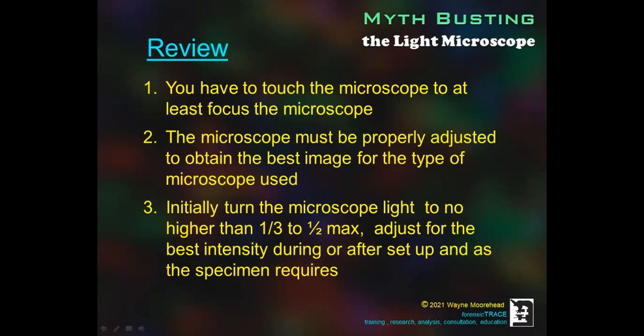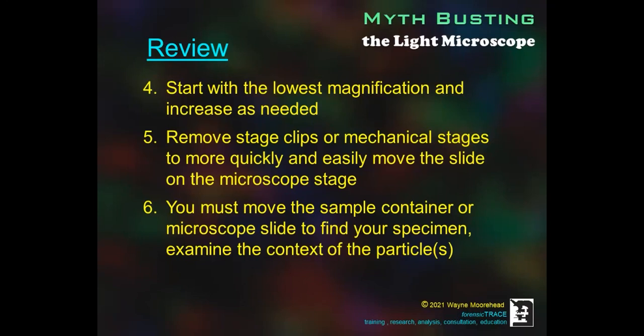Adjust for the intensity during or after setup and as the specimen requires. For myth number 4, the reality is start with the lowest magnification and increase as needed. For myth number 5, the reality is you should remove stage clips or mechanical stages to more quickly and easily move the slide around on the microscope stage.